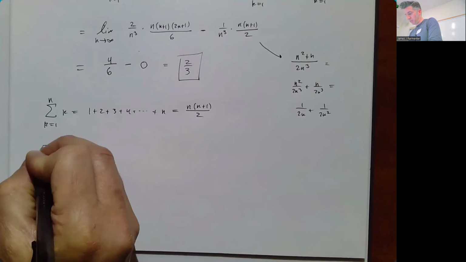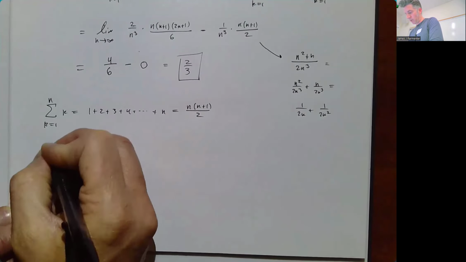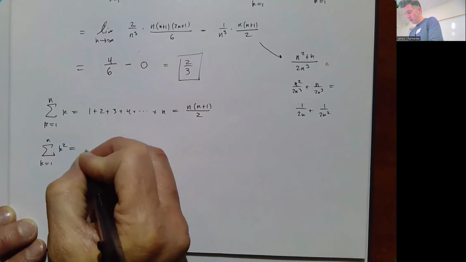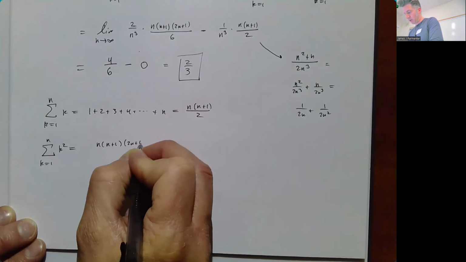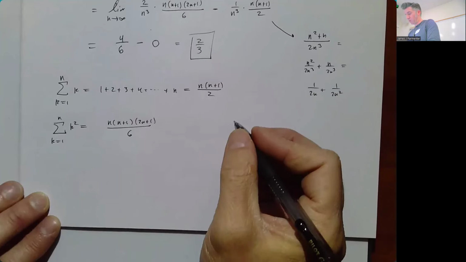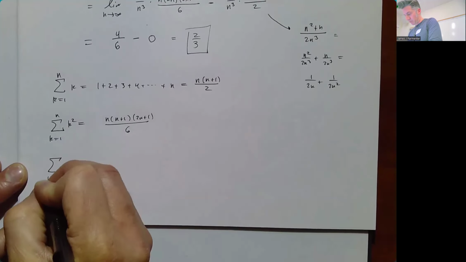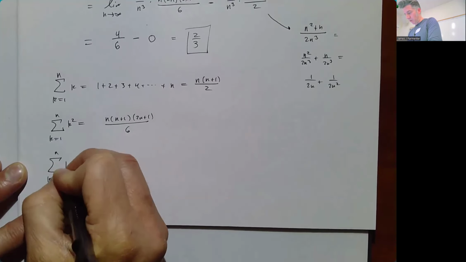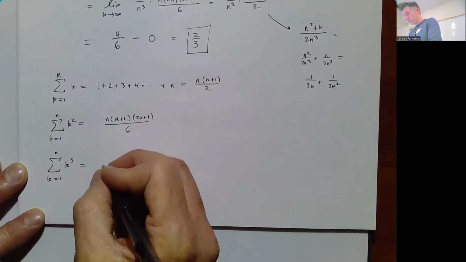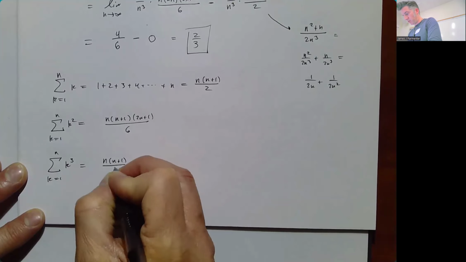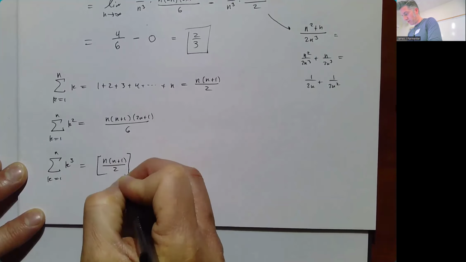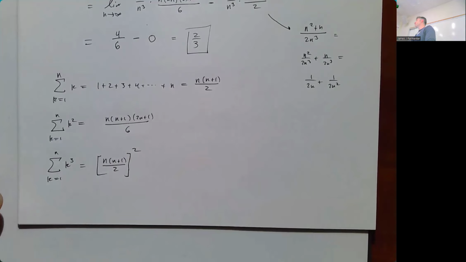Similarly, just to be complete here, the sum from k equals 1 to n of k squared is n times n plus 1 times 2n plus 1 divided by 6. And then the third one, which I believe you were also expected to know, is if you add up the first n cubes, it's going to be n times n plus 1 over 2, squared, which I think is super cool because it's just that first formula squared. So if you know that one, you know that one, which is great.